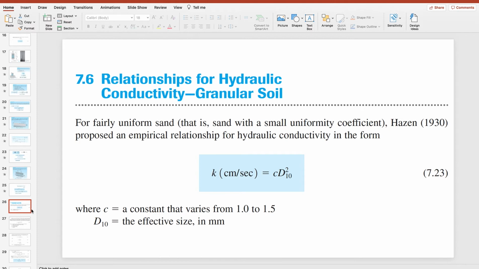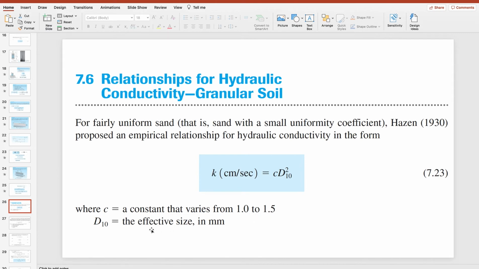So the relationship for hydraulic conductivity and granular soil. For fairly uniform sand, this is sand with small uniform coefficient, Hazen proposed an empirical relationship for hydraulic conductivity in the form of K is equivalent to C, D sub 10 squared, where the constant C varies from 1 to 1.5.